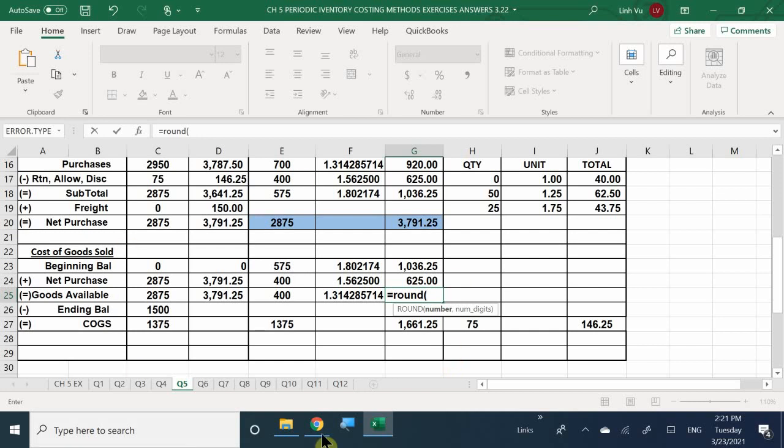So in this case, it's going to be my 400 times my $134,285. You're going to end your argument with a comma, and you want it to 2 decimal places because we want to the nearest penny. Now we can go ahead and press enter. So how much is it going to cost me to sell those 400 items?